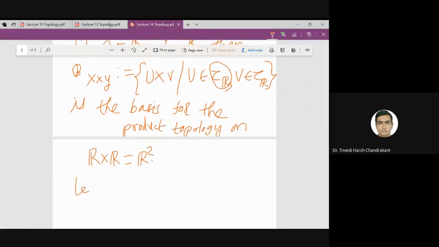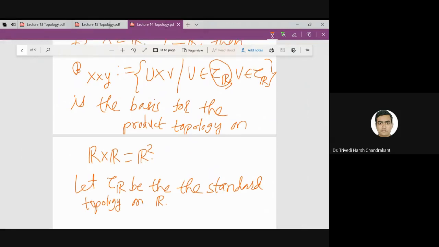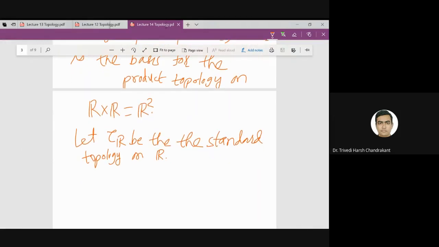So let tau R be the standard topology on R. So now what is this tau X cross Y?